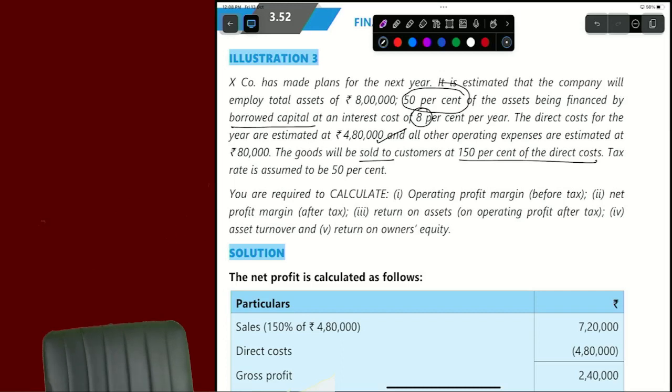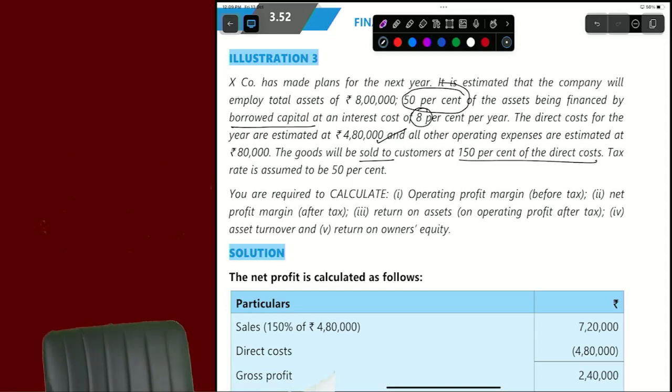Everyone understood the point clearly? How much is the answer you got? What is the total numerator? How did you get 80,000? What is the total EBIT? Is that before tax or after tax?